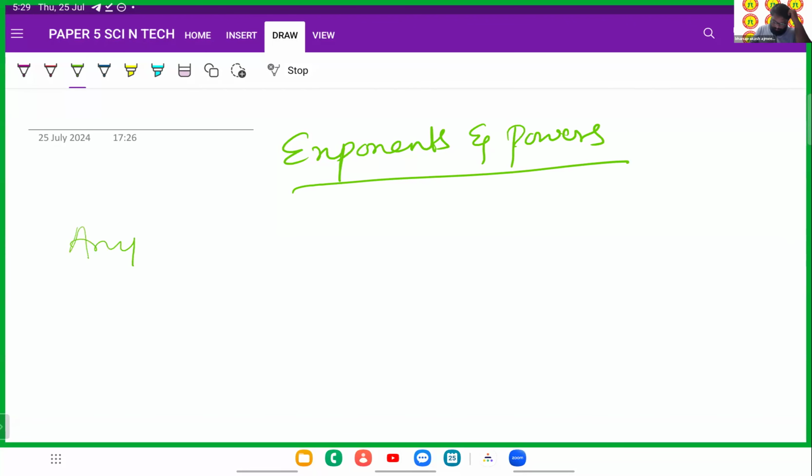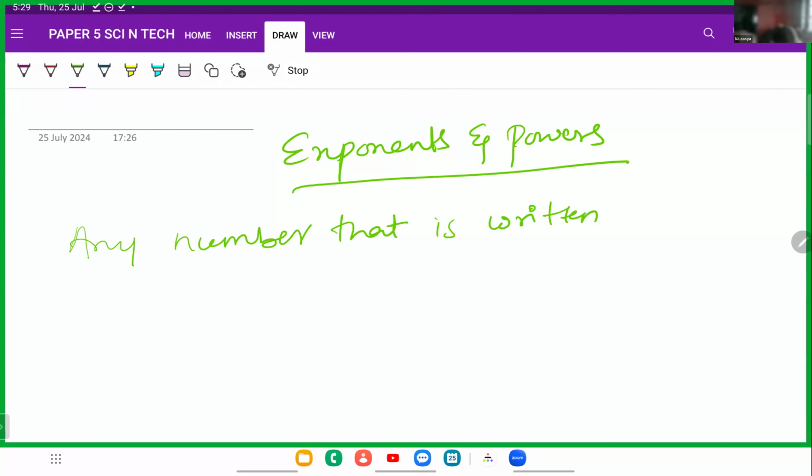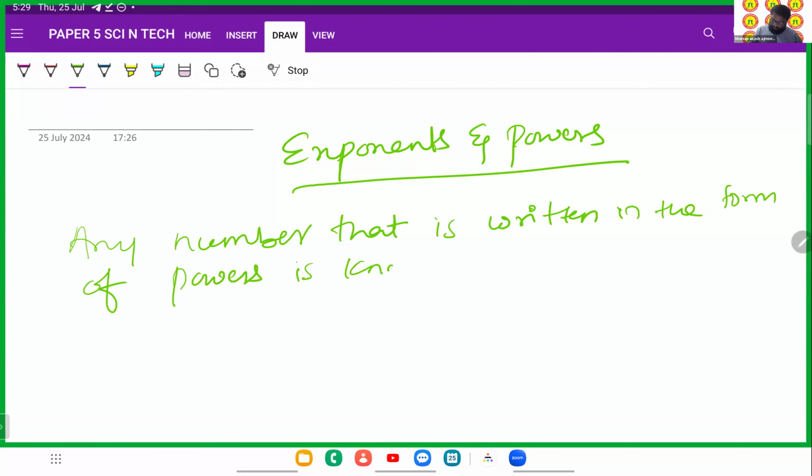Any number that is written in the form of powers is known as power form or exponential form. Power form or exponential form.